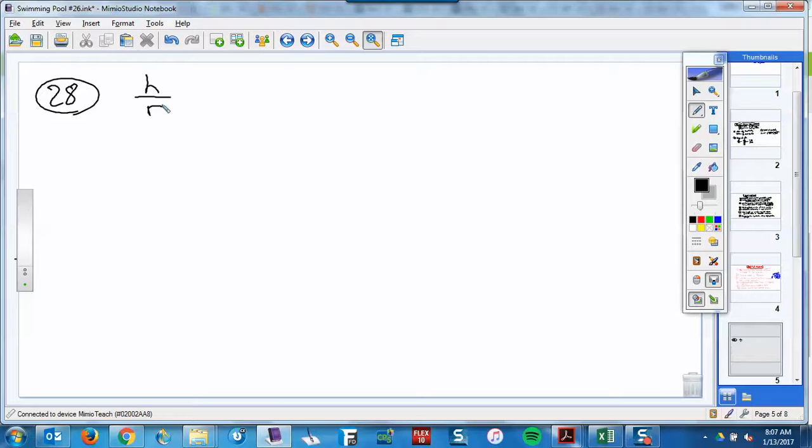Okay. So coffee filter has the shape of an inverted cone. So we're looking at this kind of a thing here. And it says now water drains out at 10 cubic centimeters. So what would that be? That'd be V prime. So V prime would be negative 10, right? It would have to be negative 10.